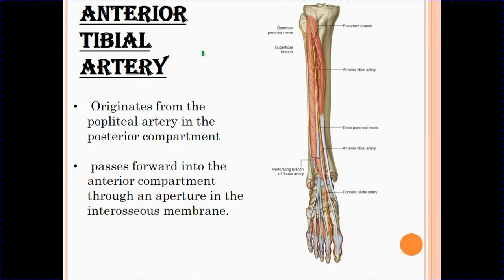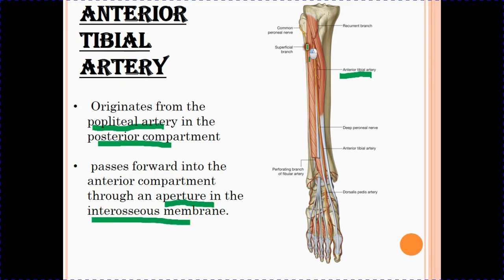The artery of this compartment is the anterior tibial artery. Now you can see this red colored artery. This is the anterior tibial artery. It originates from the popliteal artery in the posterior compartment. It passes forward into the anterior compartment through an aperture in the interosseous membrane.